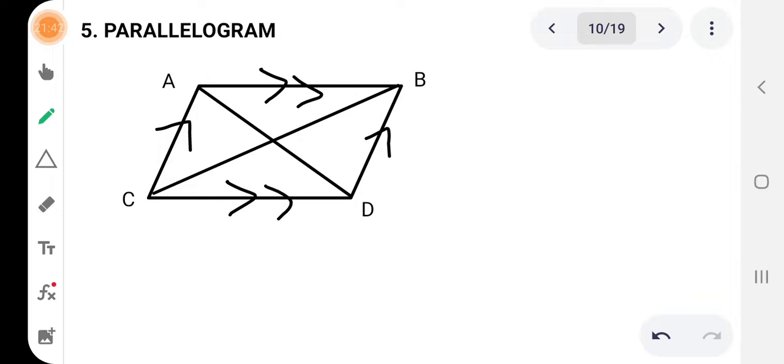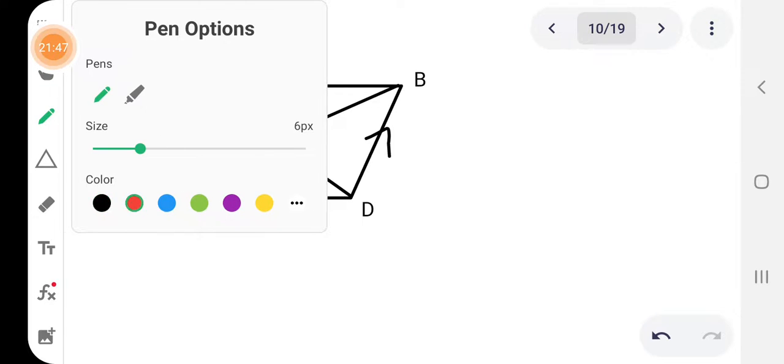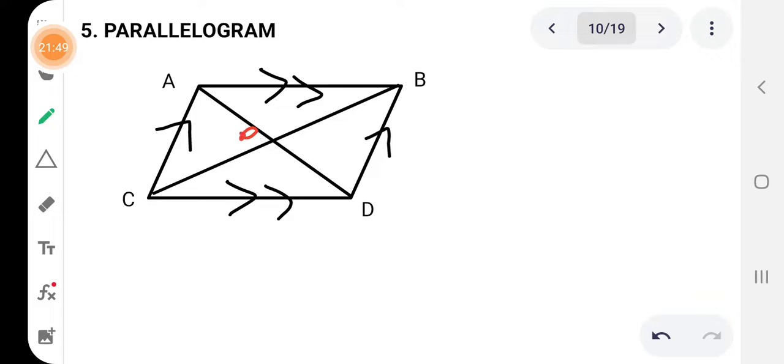So we know that this angle will be equal to this angle. Reason, vertically opposite angles. So we know that this side is equal to this side.